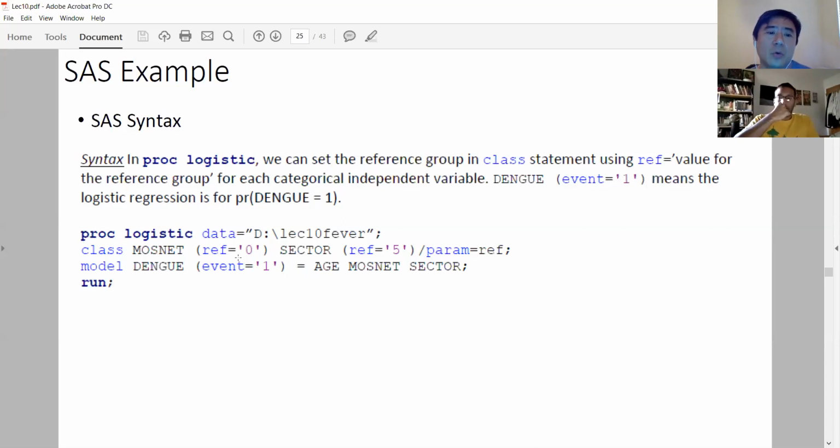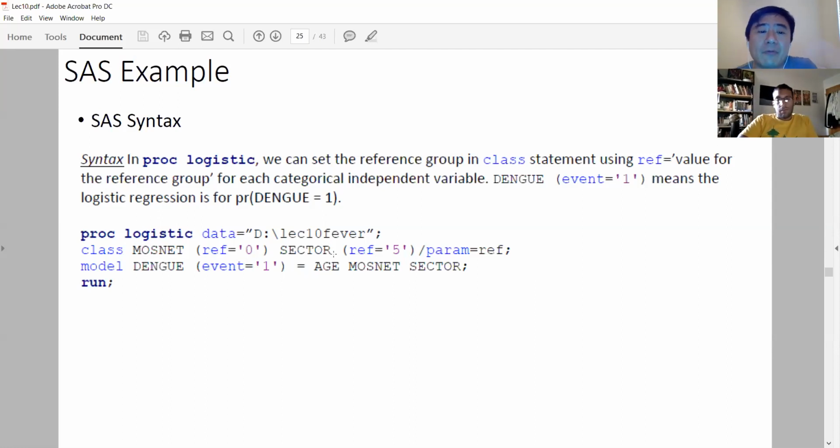Does 1 mean using or does 2 mean using? In that situation, I would suggest you first convert to 0 and 1. If the variable is mosquito use, 1 always means use it and 0 means don't use it. Like for factor 1, 1 always means you're in sector 1, and 0 means you're outside sector 1.